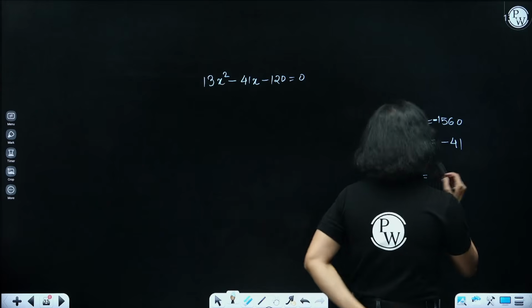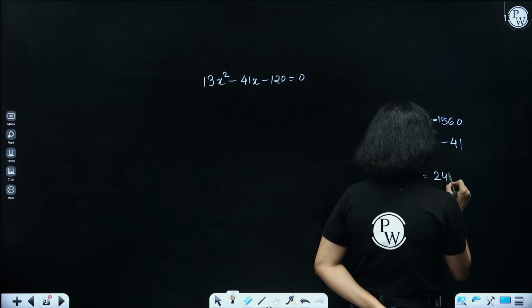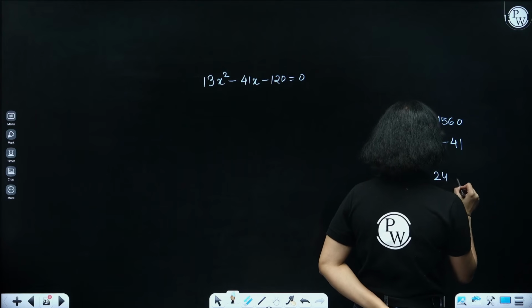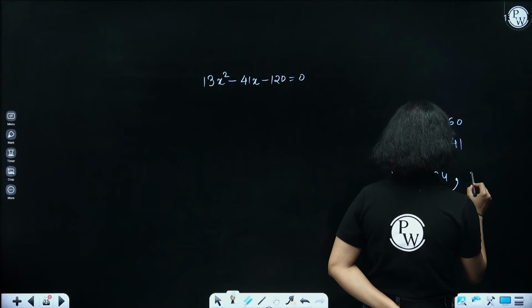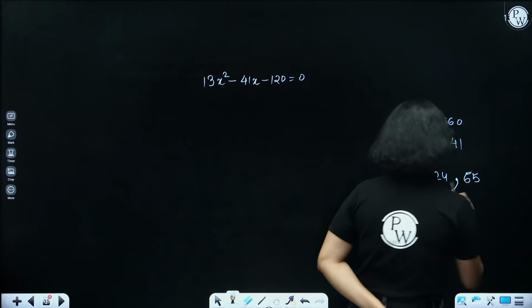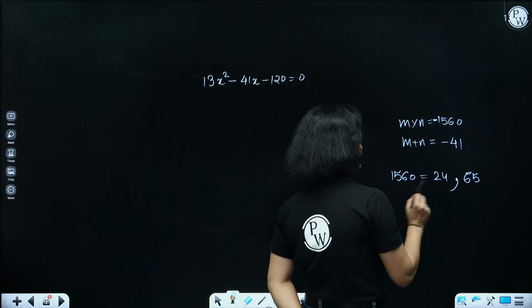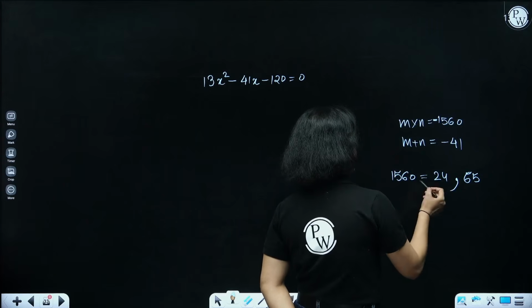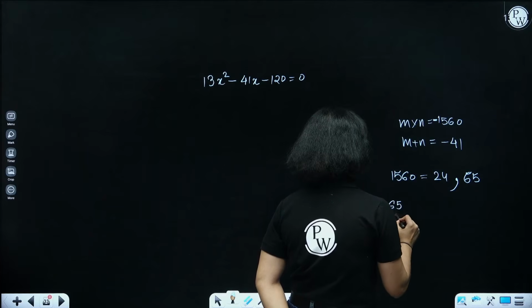Okay, so if I have 24 and 65, 65 and 24, the difference is 41. We can multiply and check also.